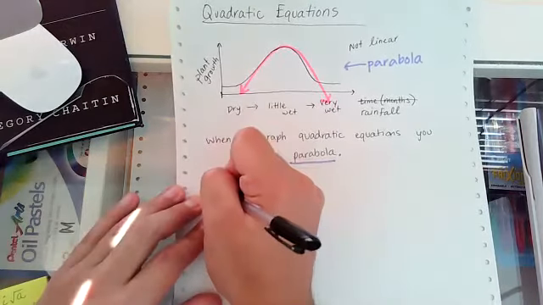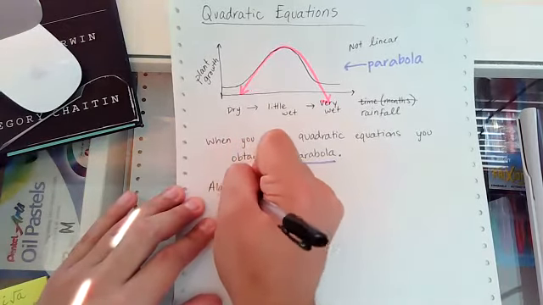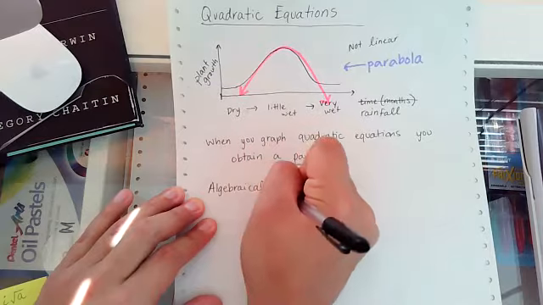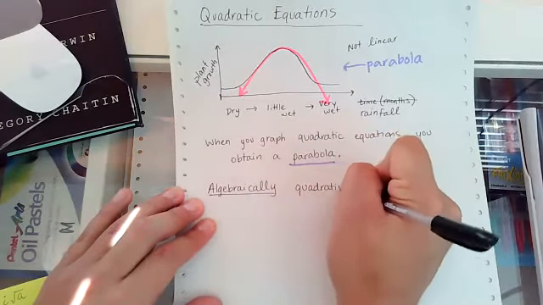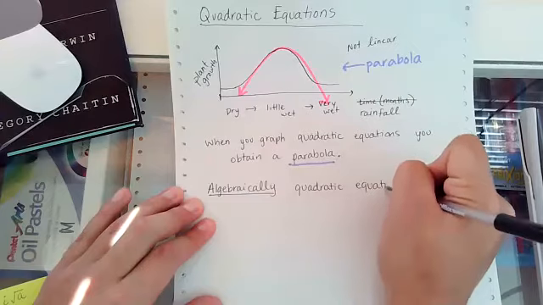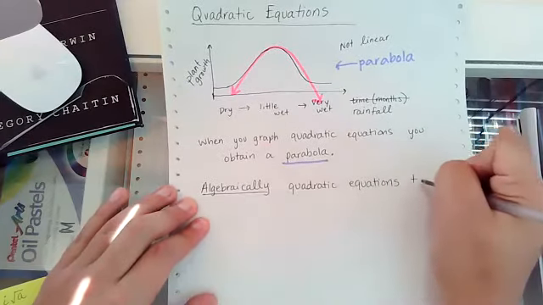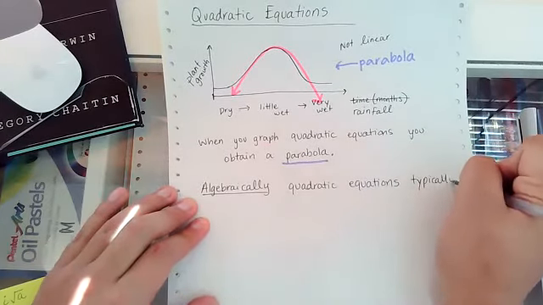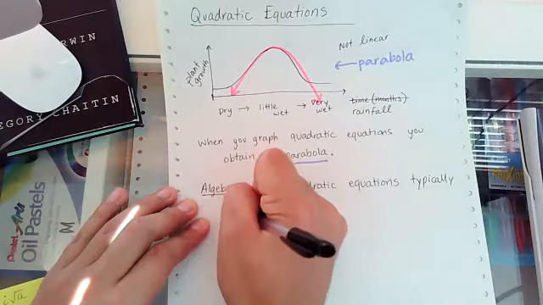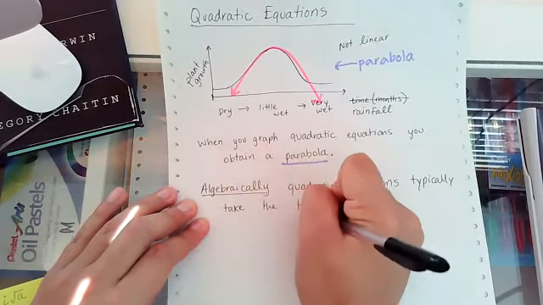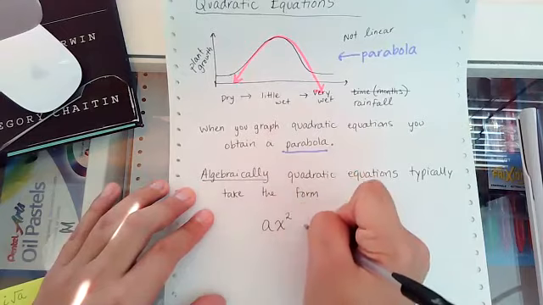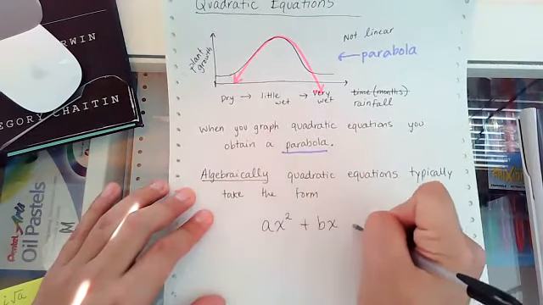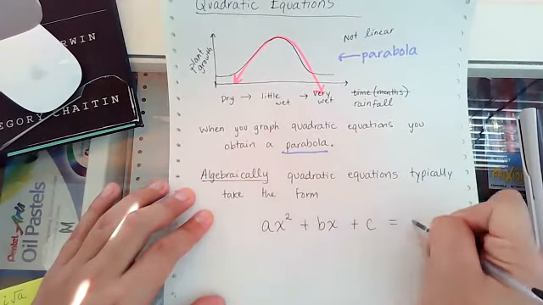So algebraically, quadratic equations typically take the form ax squared plus bx plus c is equal to 0.